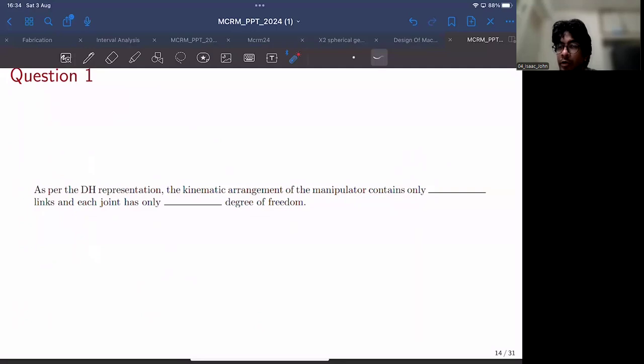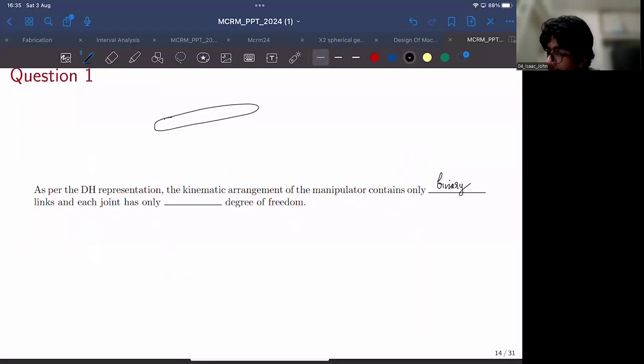So if you know the kind of links that we are using for DH representation, this may not be straightforward, but the answer is binary actually. Because links can be of different kinds. So binary links can only have 2 joints and it can only connect to 2 other links.